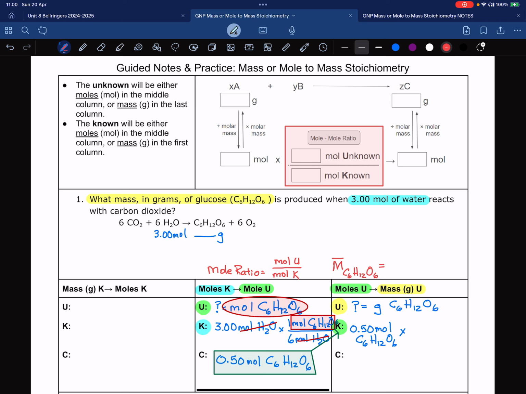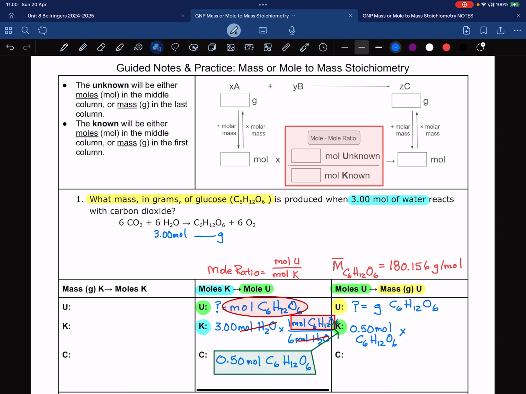I've already calculated that, so I have it available, but at this point you're going to have to do the calculation yourself. It's going to be 180.156 grams per mole.